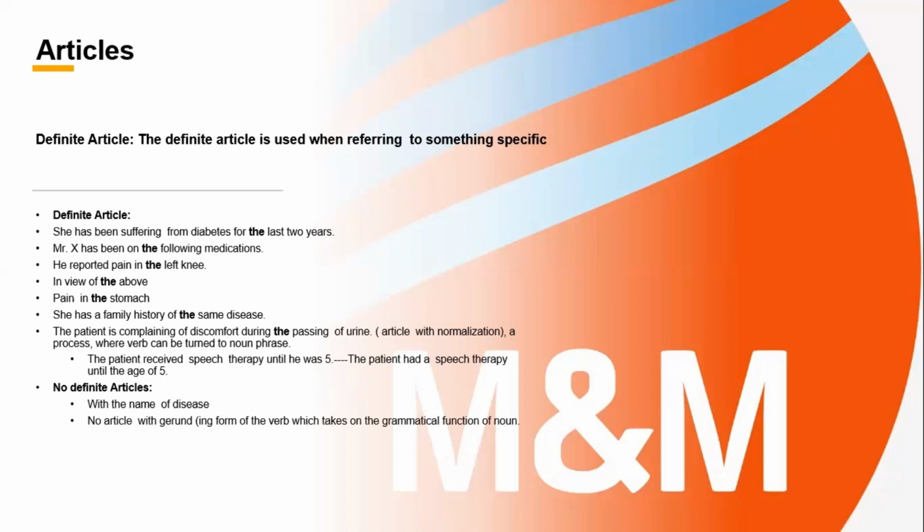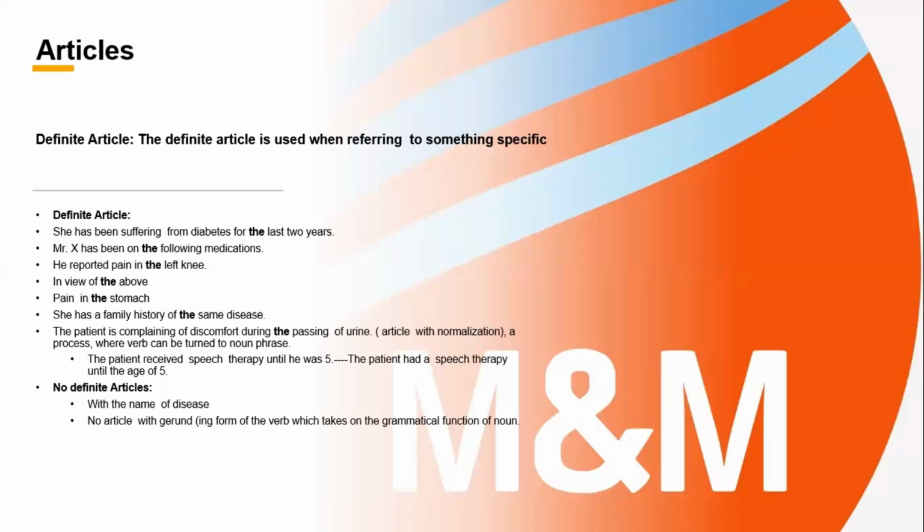Nominalization means when you change a verb into a noun phrase. This is a grammar rule that we must remember. And if you are not able to understand this, you can simply ignore it, because it's better not to make a mistake than to write it wrongly.